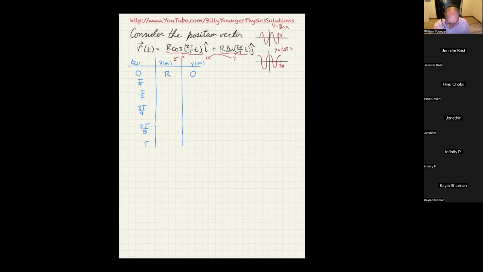So then you have 2 pi over 4, and of course, you can reduce that to pi over 2. So you now have r cosine pi over 2 for the x, and then r sine pi over 2 for the y. Can anybody tell me what x is and what y is on that?